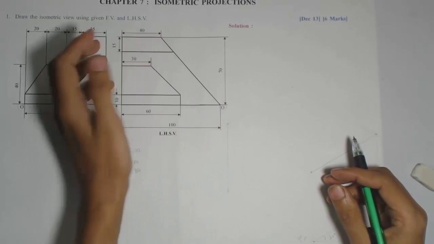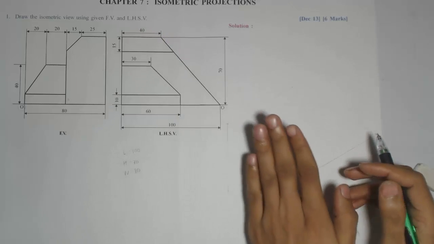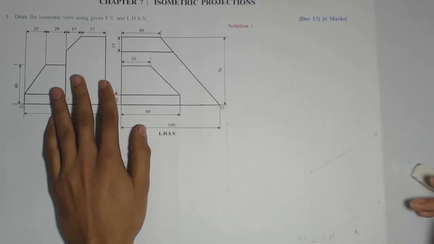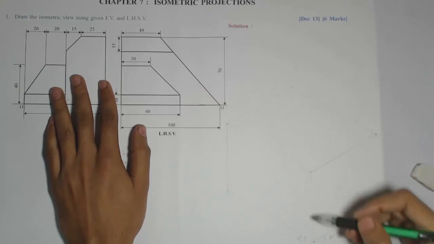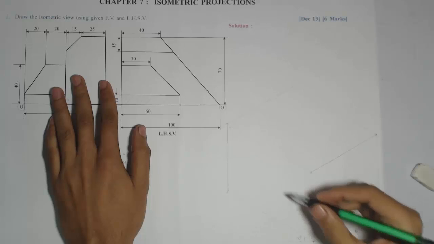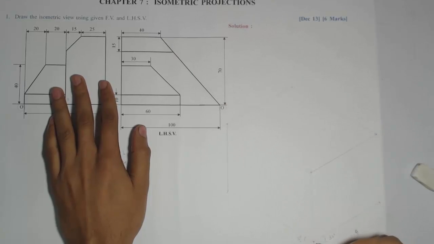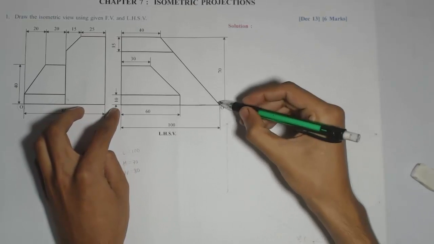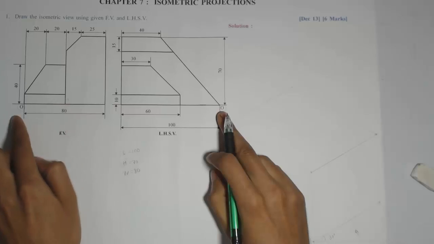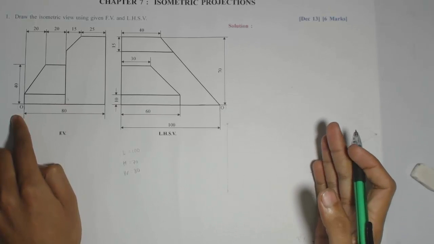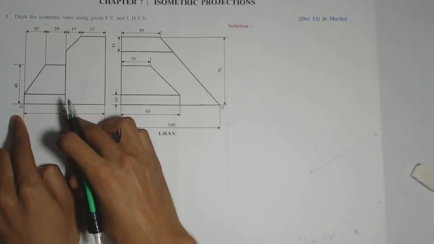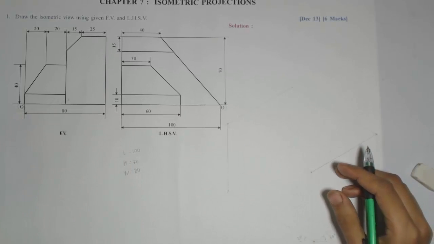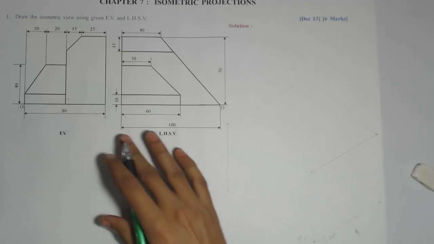The view which is flat now, I need to incline on a 30-degree inclined plane, keeping this O coinciding with this O. So this line will be seen like this starting from the origin, and I'll not get this line from the origin but this line from the origin. So the significance of origin is to decide the order of drawing those views, front view as well as left hand side view.